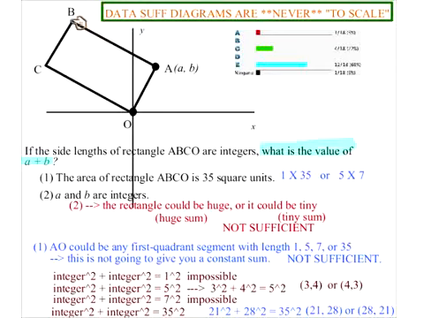If OA is 35 and AB is 1, there's no way that AB is going to get you into the second quadrant. We're running out of room to draw this, but if you have one of these two possibilities down here, then you're looking at a massively giant rectangle in this direction and a tiny side in the other direction. It's going to look like that.